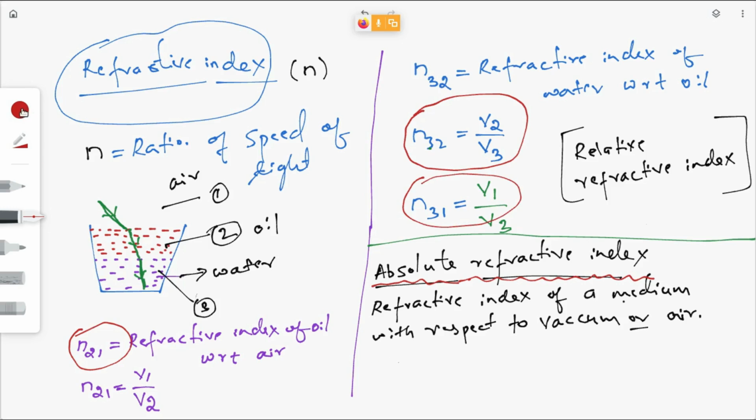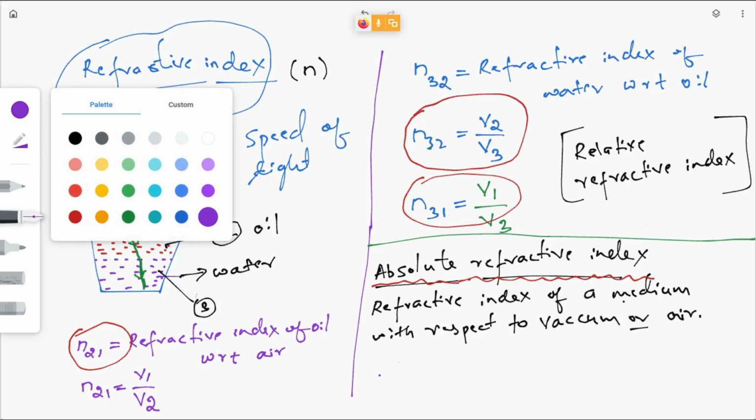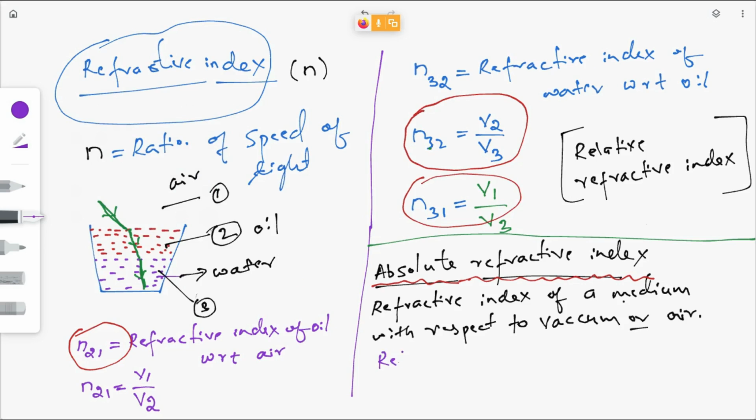Relative refractive index example. N32. So what is this N32?